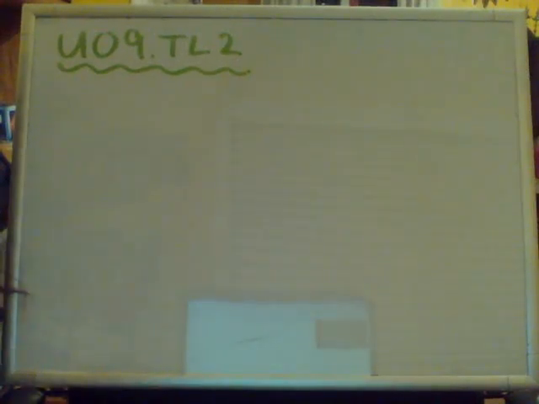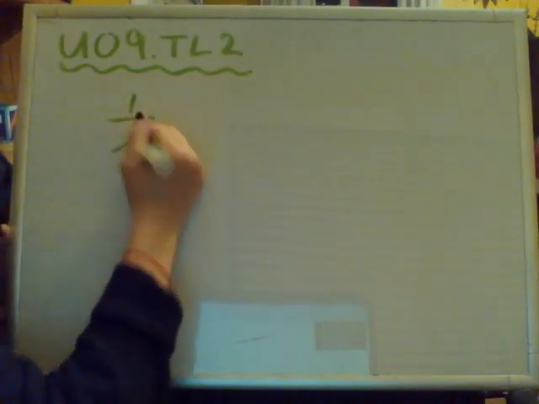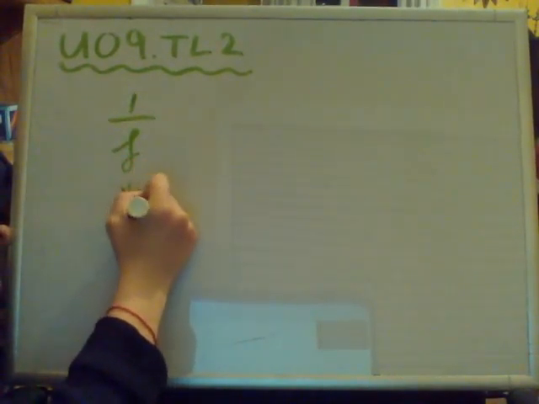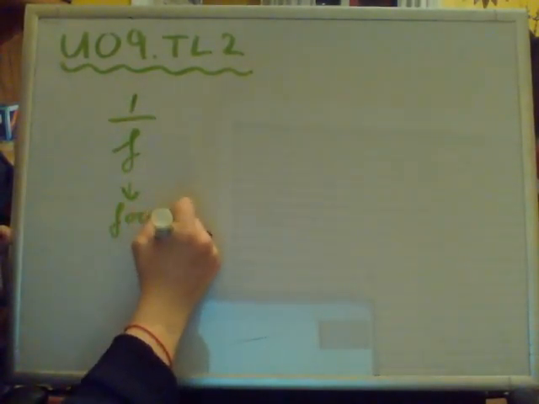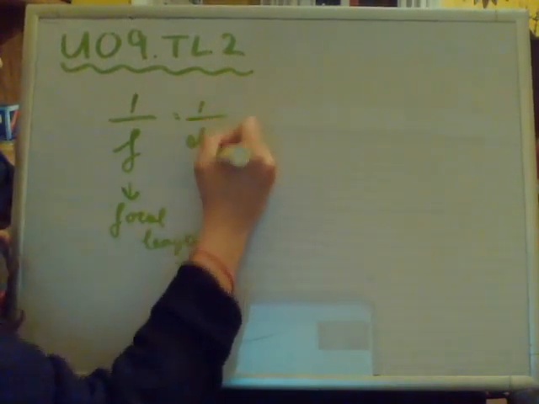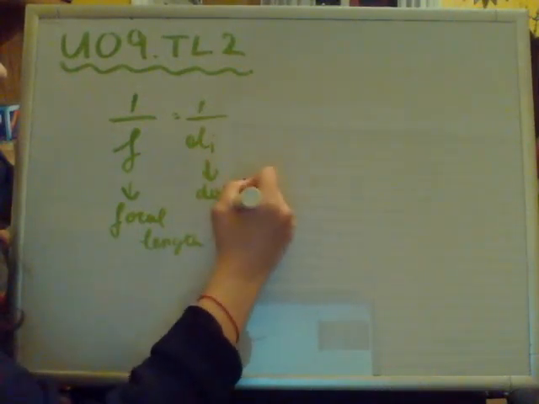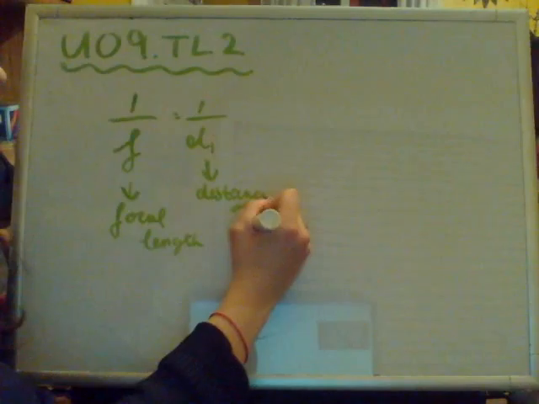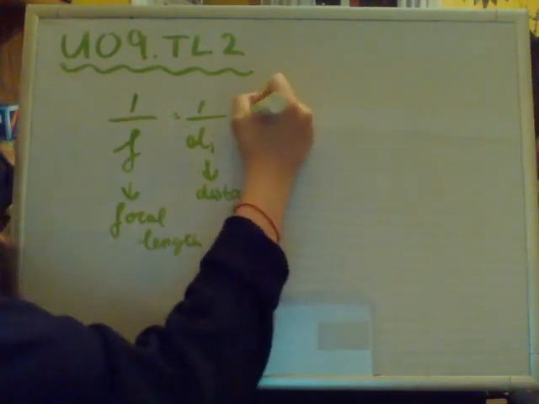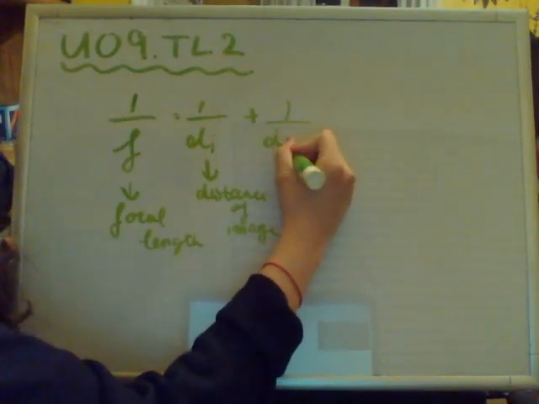So today we're going to solve problems using the thin lens equation. And the equation is 1 over f, which is the focal length, equals 1 over distance of the image plus 1 over distance of the object.